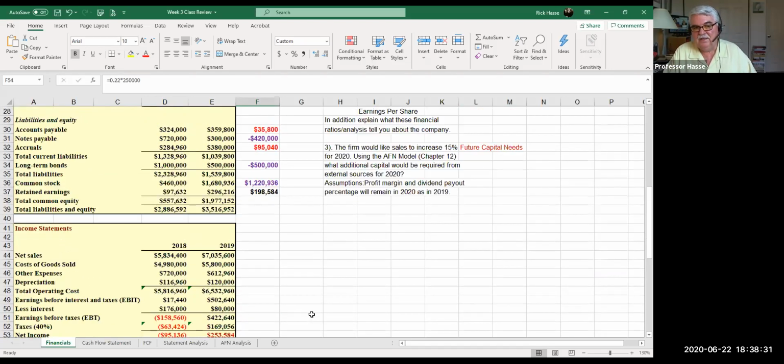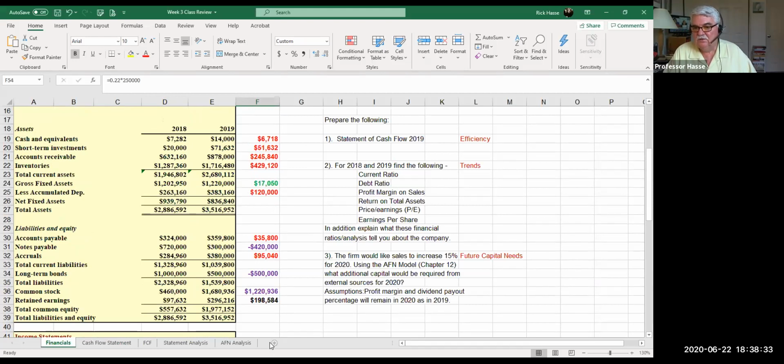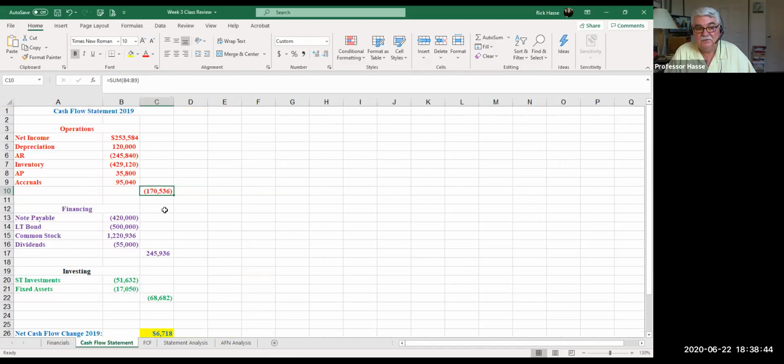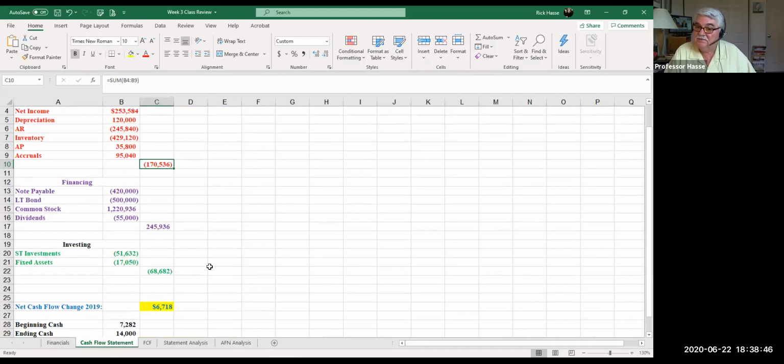And how all these equate to the most important statement for investors and financial managers is the cash flow statement. Where did that 6718 come from? Well, it came from operations, financing, and investing, the cash flow statement. And this is really looking under the hood of a company.